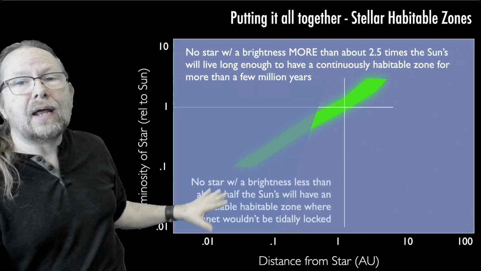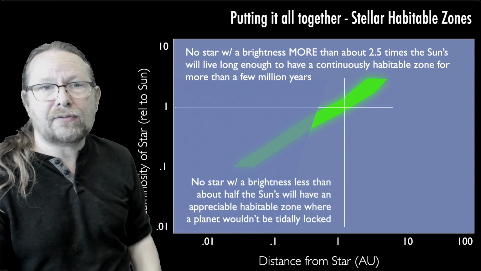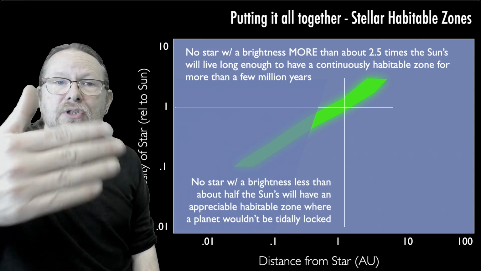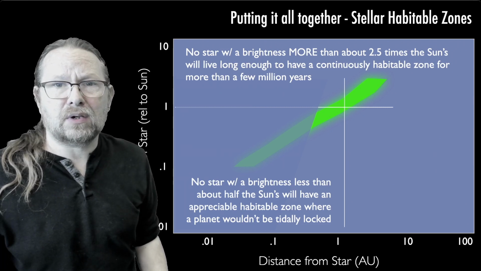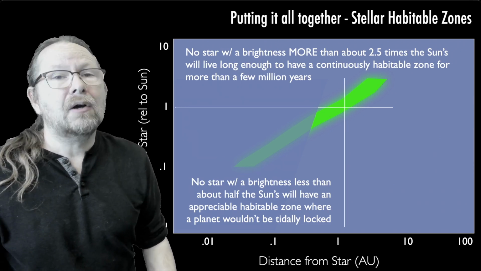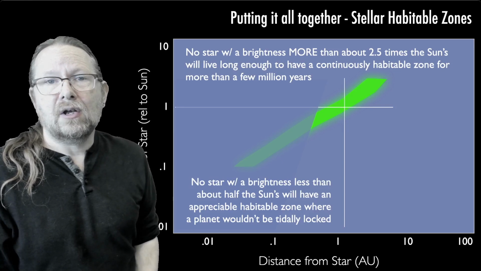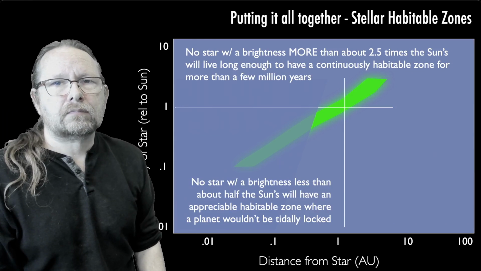We can rule out anything down here, anything with a brightness less than about half of the sun. You would have to be so close to it to be in the habitable zone that you would be tidally locked, and we don't want to think about those kind of weird planets. Again, we could be wrong, but it seems like a pretty inhospitable planetary environment. So anything with a brightness less than about half the sun, we rule out.